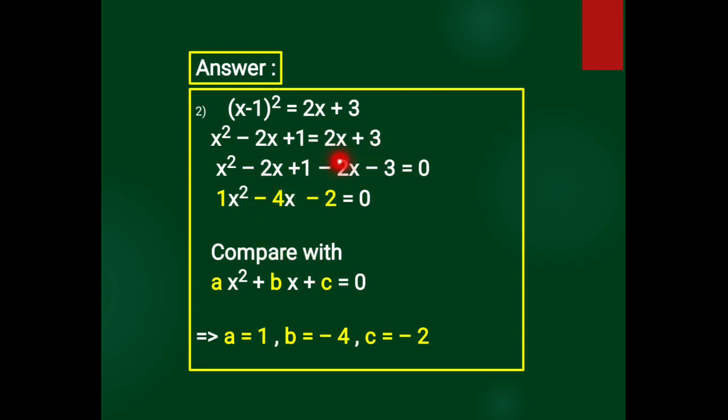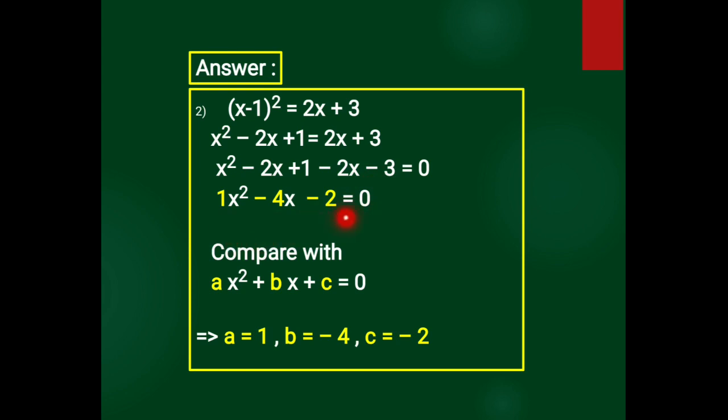So after transferring this 2x to the left hand side we get minus 2x, and transferring this plus 3 to the left hand side we get minus 3. So collect the like terms. Here x square is the only term, so we write 1x square, minus 2x minus 2x which we write minus 4x, plus 1 minus 3 which we write minus 2. So this is the required general form.